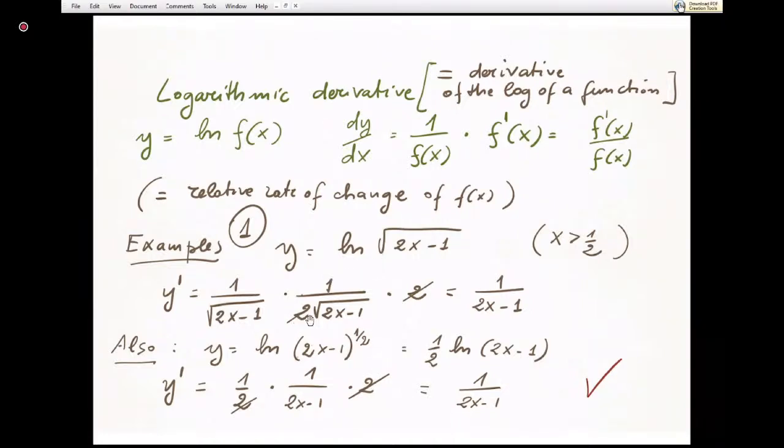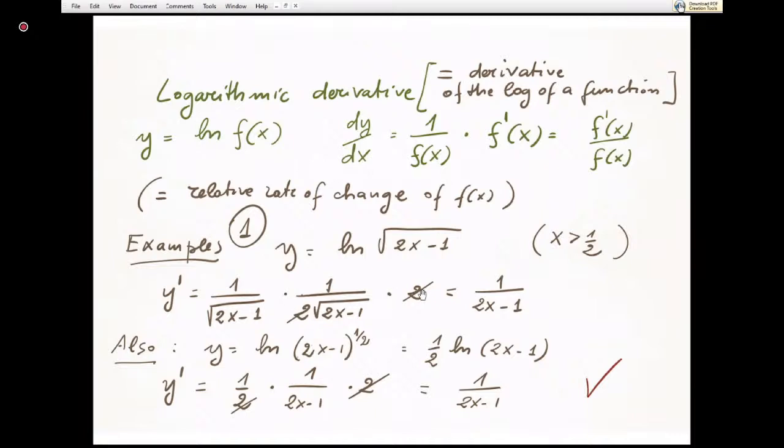It is 1 over 2 times the square root of 2x minus 1, and then times the derivative of the argument of the square root, which is 2. So actually here we are taking the derivative in 3 steps. First step, derivative of the log with respect to its argument. Second step, derivative of the square root with respect to its argument. Third step, derivative of 2x minus 1 with respect to x. Can you see the 3 steps?